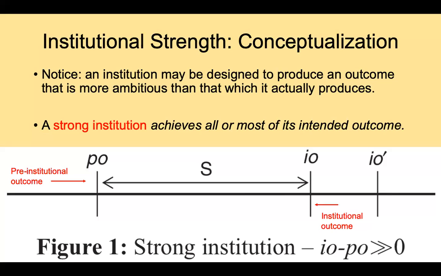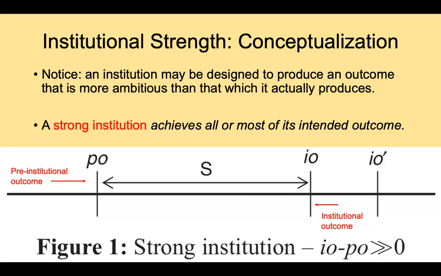But the institution can still have an important effect if it achieves all or most of its intended outcome. That is to say, if for the most part, it changes behavior, it changes expectations, it brings behavior and expectations more in line with our stated objective.